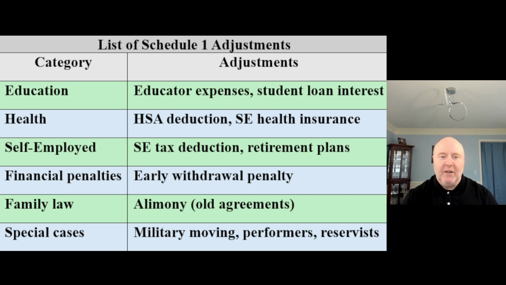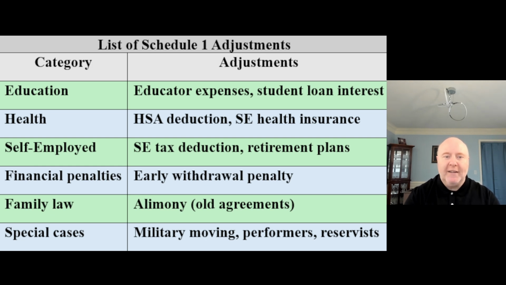You don't have to make the decision between a standard deduction and taking these. All your other deductions, other than these adjustments, are considered after AGI. That's where you may have to make a determination. You have itemized deductions, and you have to determine whether you want to take itemized deductions or the standard deduction. That's where that decision lies.